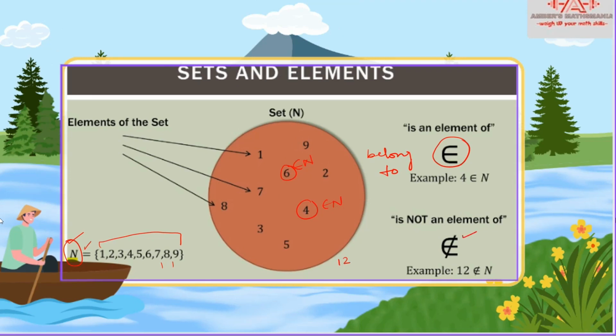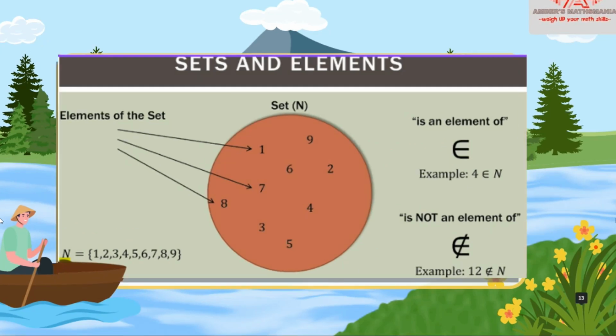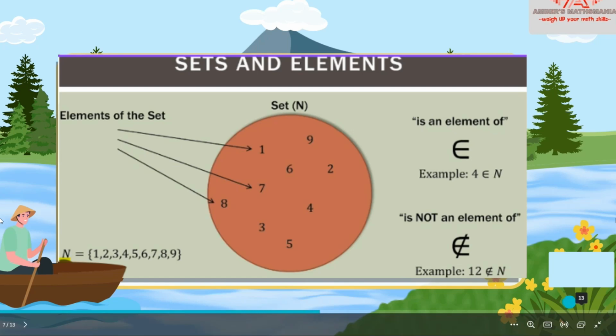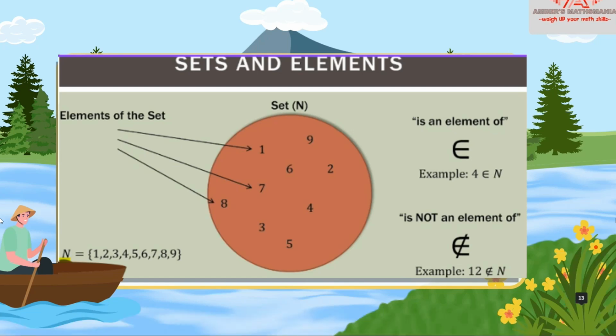So it means that if any element is not there in set N, like 12, then 12 does not belong to set N. Fine. Now we have discussed what a set is, its introduction, how we are going to write a set, what its elements are, and the meaning of belong to and does not belong to signs.